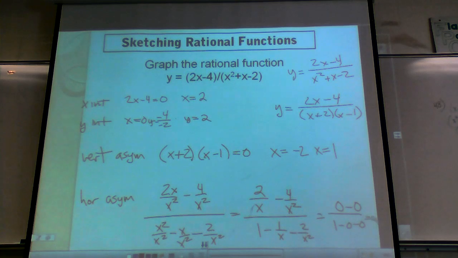But here's what you've got to understand: this is y equals 0. Guys, the line y equals 0 is the x-axis. Those are one and the same. So if you see the higher power on the bottom and the lower power on top, the x-axis is always going to act as a horizontal asymptote.